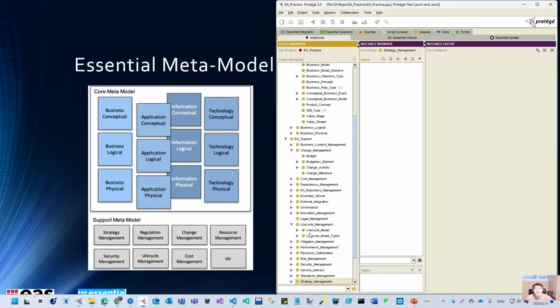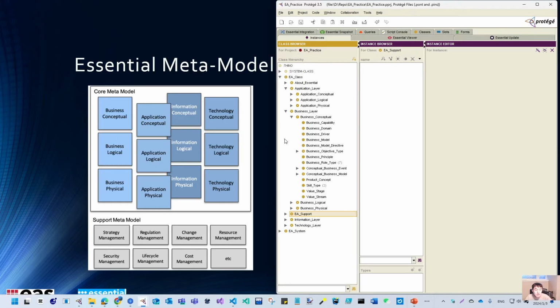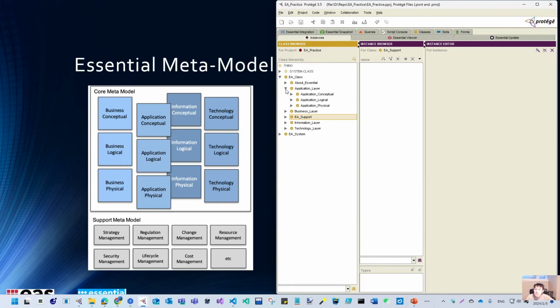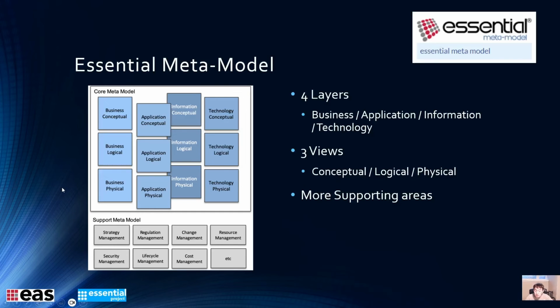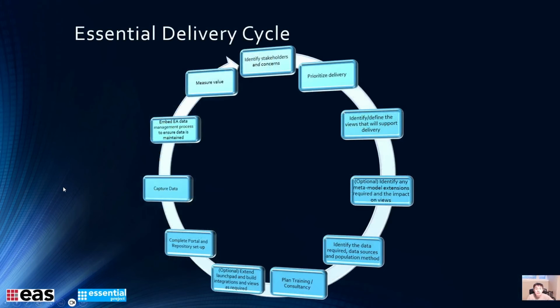You can build those lifecycle definitions. Combining the supporting and the core layers, it will be very powerful to build the needed structure for your repository. But we will start from the simple one and gradually add more and more layers.